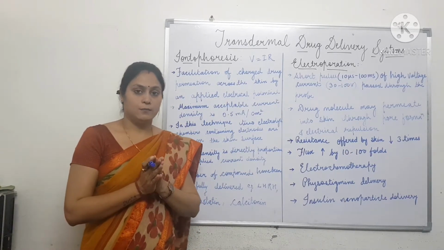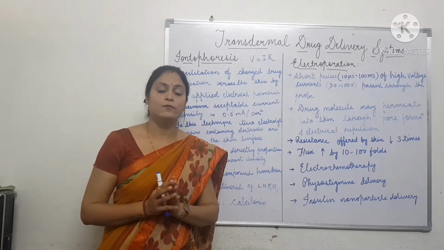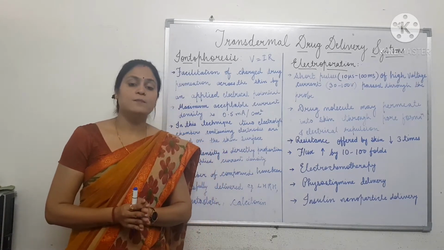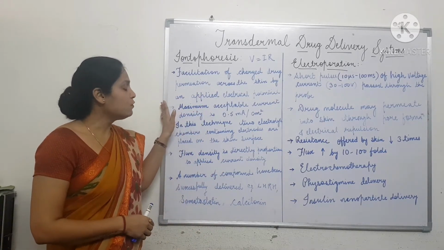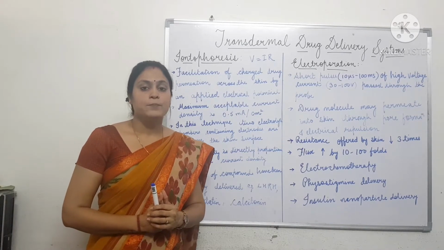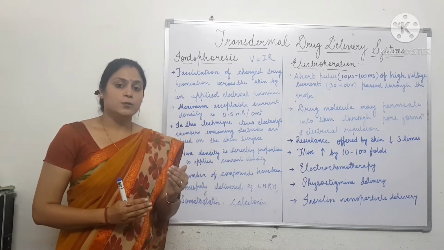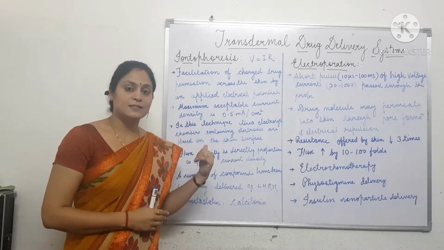So the major resistance offered by stratum corneum decreases by the use of iontophoresis. One of the advantages of this technique is that even larger molecules can be allowed to permeate into the skin.